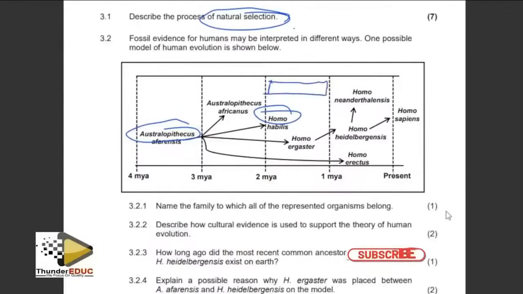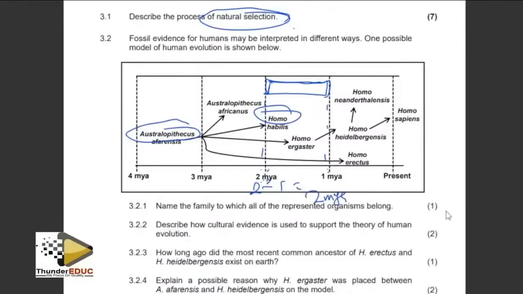If this is Homo ergaster, I draw where it appeared and where it got extinct. So how long ago did they appear? This is how they appeared. It means that it's going to be 2 million years.